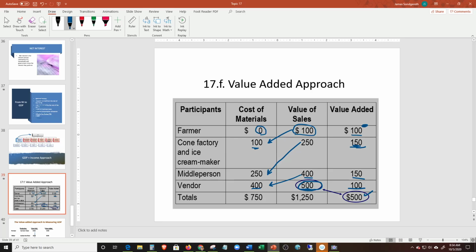So basically, this is in essence the value added. It shows that the income is equal to the value of the final product. If we were to add up all the intermediate products, you can see that we would double count or triple count some products, and we would overstate the GDP immensely, okay?